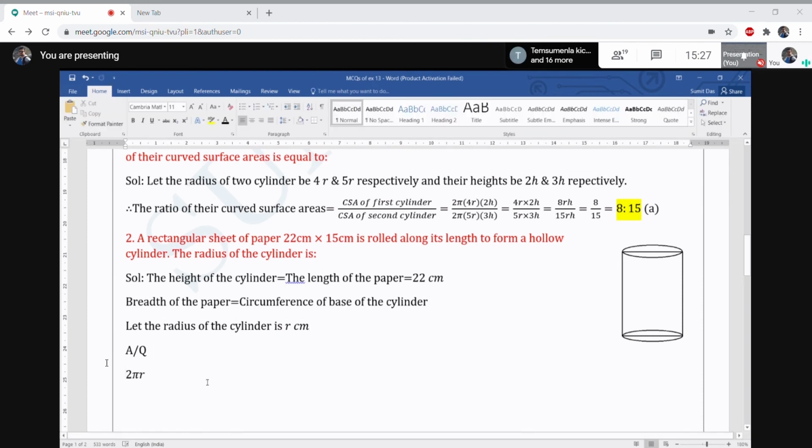So the circumference formula is 2 pi r, so 2 pi r is equal to 15.